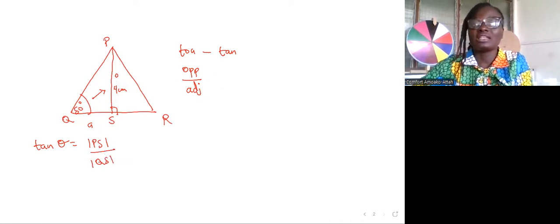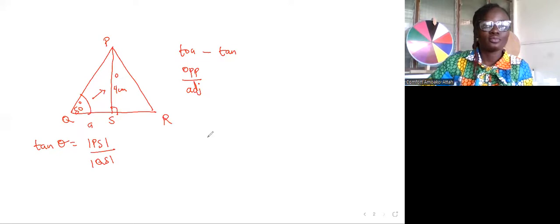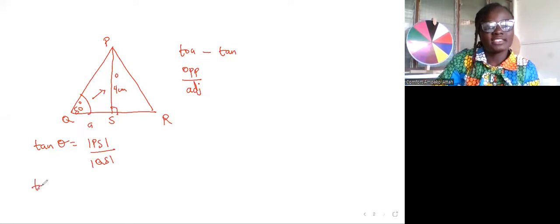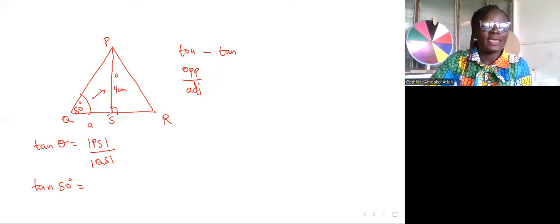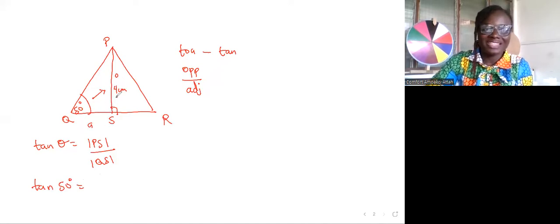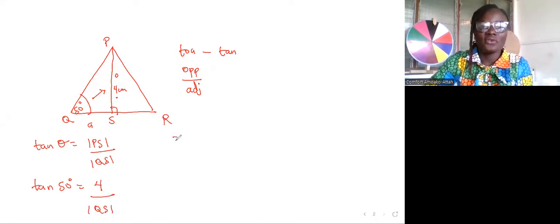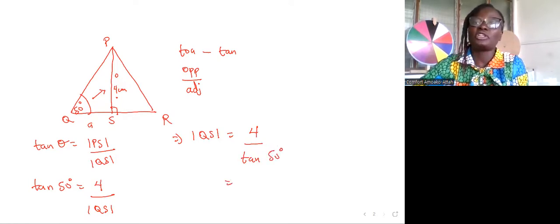All right, so with that, we have tan theta, which was given as 50 degrees, is equal to line PS, which we have now as 4 centimeters, over line QS. So therefore, we are having line QS as 4 over tan 50 degrees. So take your calculators and punch for me.